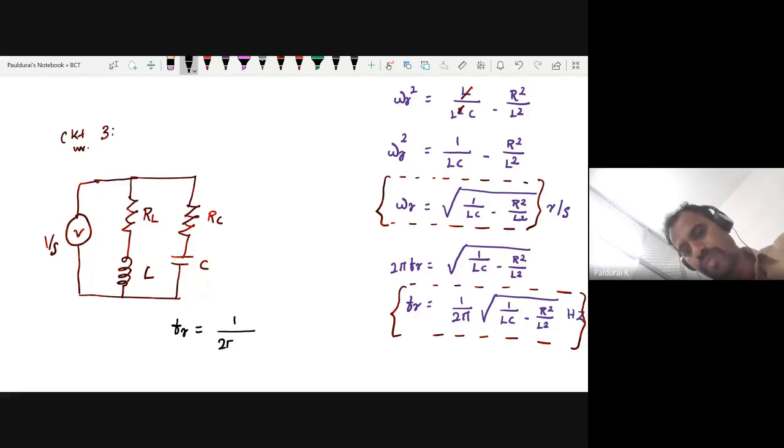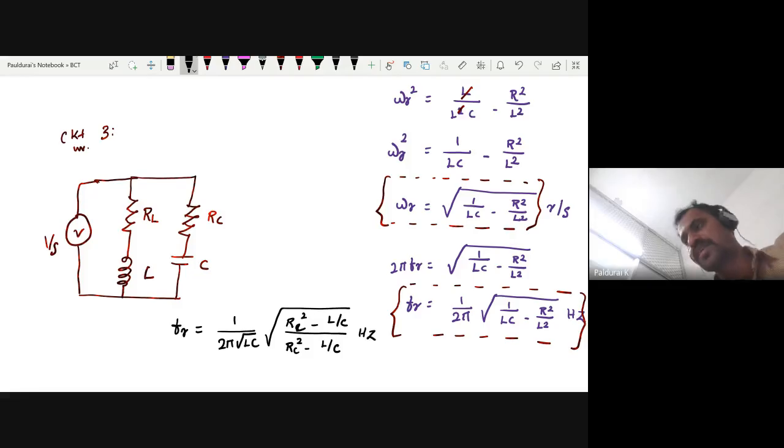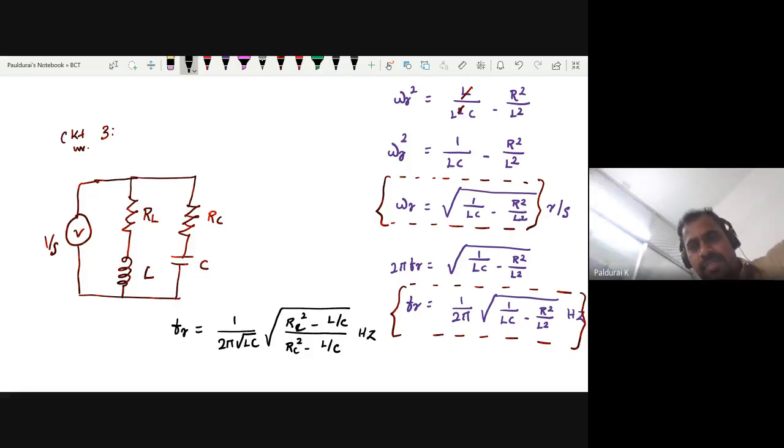1 divided by 2 pi square root of LC, same formula, but this time, if we derive, we will end up with RL squared minus L by C divided by RC squared minus L by C. This is in terms of X. Please try to derive this and let me know whether this formula is correct or not.